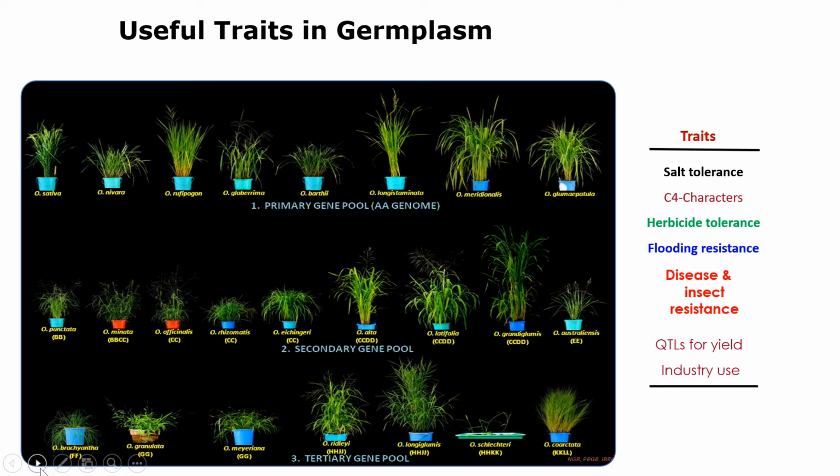So the answer is yes, we can do it. We need two things mostly. We need a phenotyping platform for a particular trait of interest, and at the same time, we should have the genotype or genome marker information for all the species. And this is how we proceed, either by the QTL mapping approach or by the association mapping approach, to find the gene responsible for the trait.